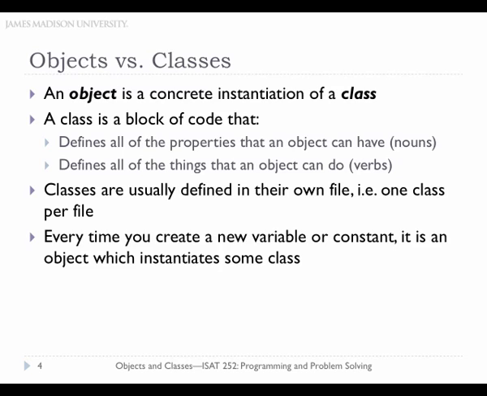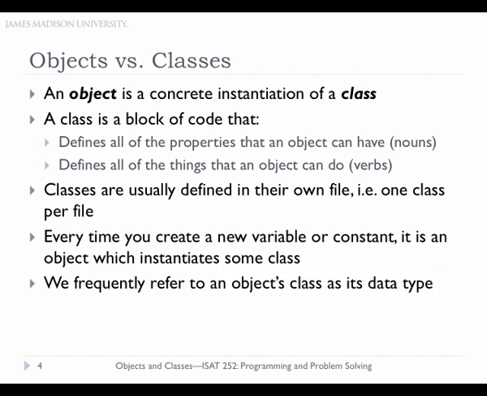Likewise, buttons, text boxes, all of those things are concrete instantiations. They are objects which instantiate some abstract class which defines all the properties and the methods associated with a text box or an integer or string or a button or anything like that. So we frequently refer to the object's class as its data type.